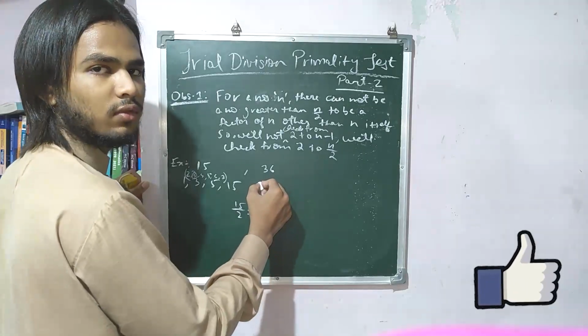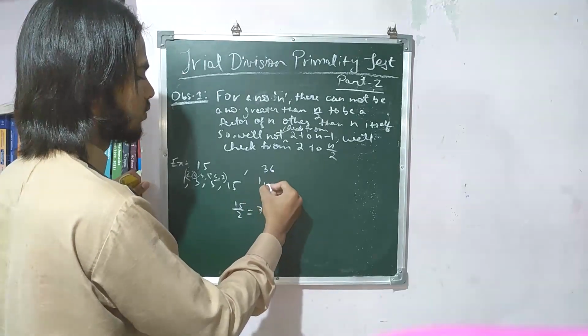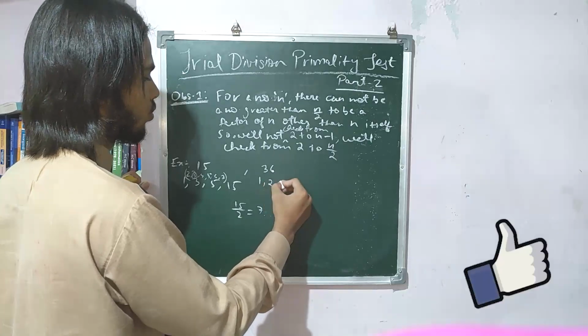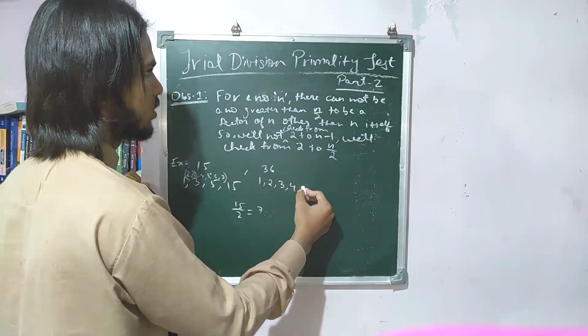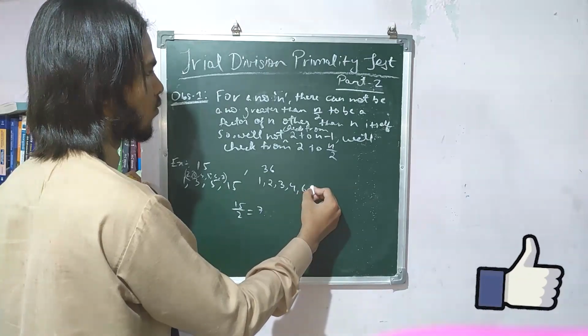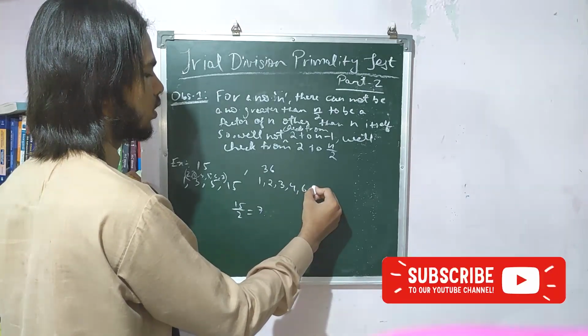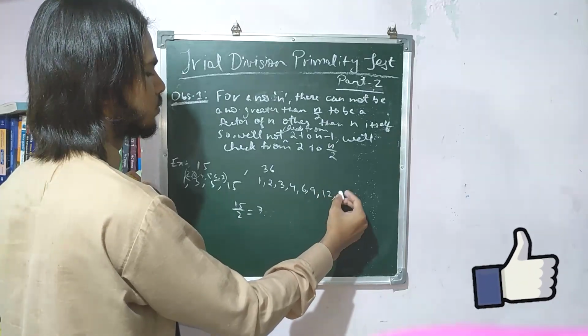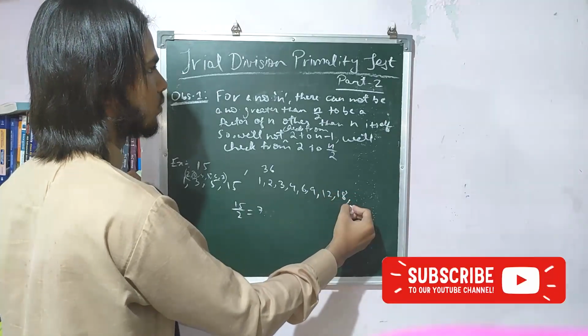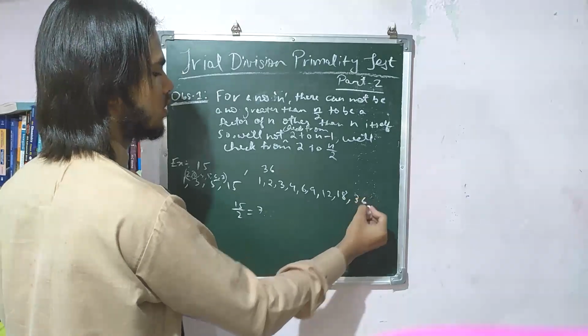Another example: let's say 36. What are the factors of 36? 1 as always, 2, 3, 4, 6, 9, 12, 18 and 36.